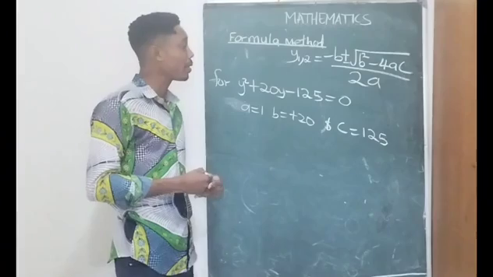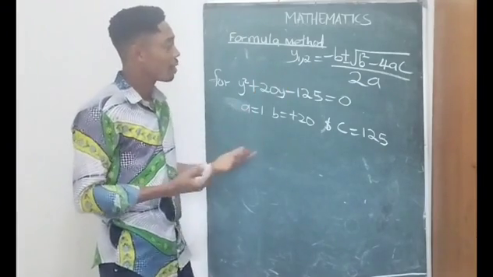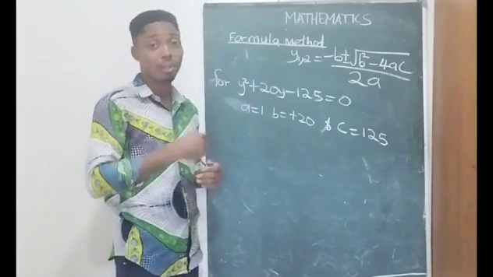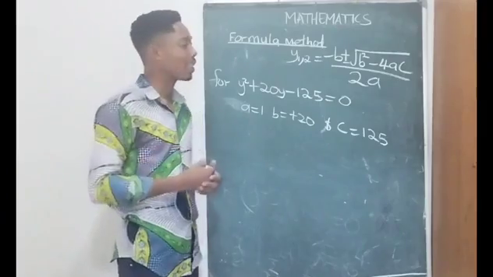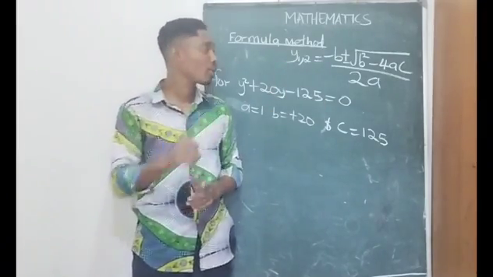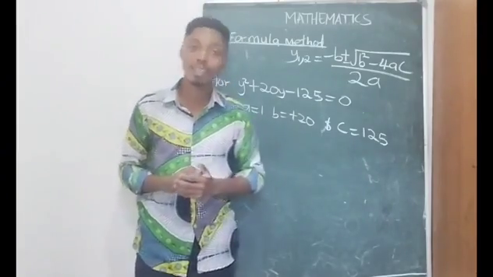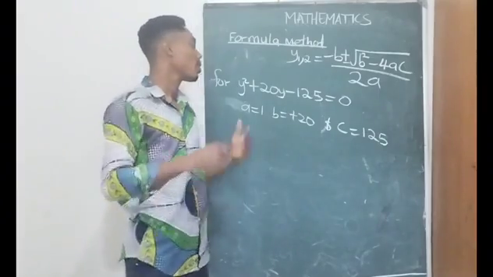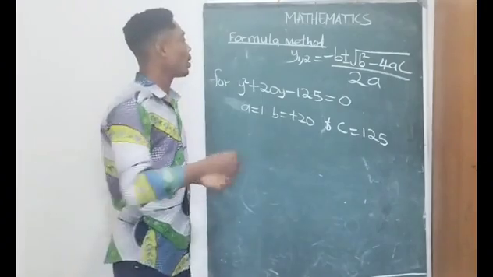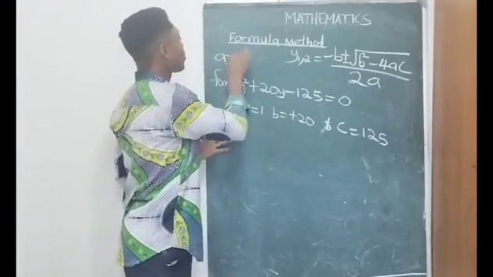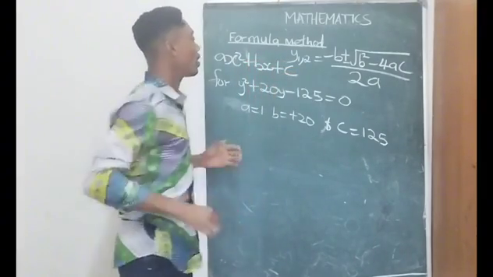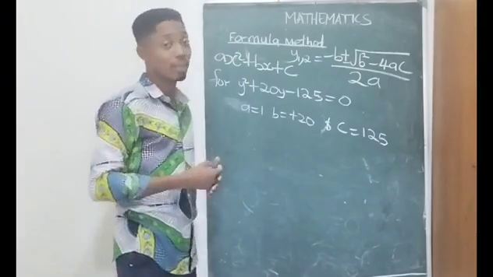Via the formula method, if we are looking for the values of the variable in a quadratic equation, we have the formula: minus b plus or minus the square root of b squared minus 4ac, all over 2a. This is for a quadratic equation of the form ax squared plus bx plus c.